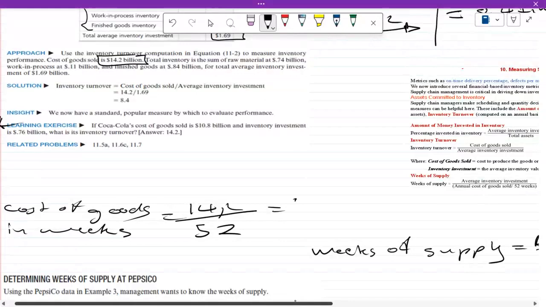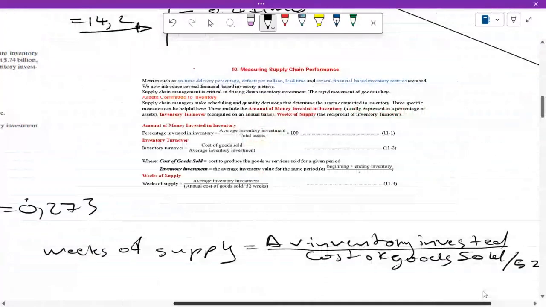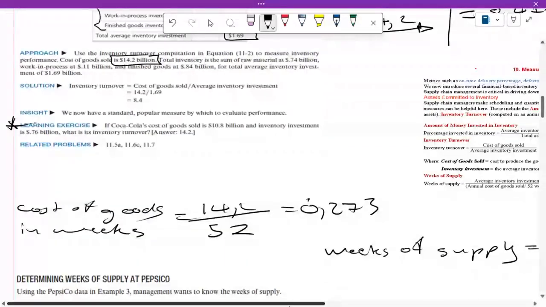$0.27, right? 0.273. Thank you. Okay. Then now I come back here. My average cost is... Oh, I must go to that 1.69, I think.